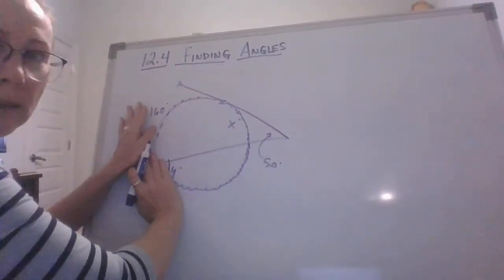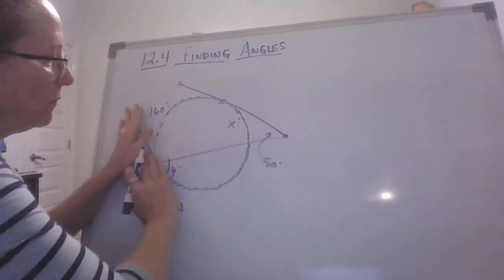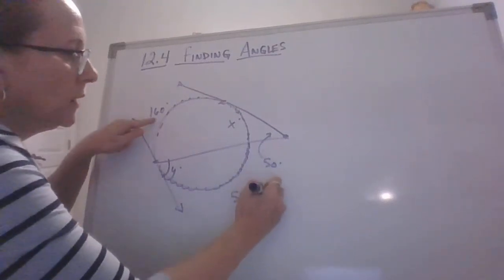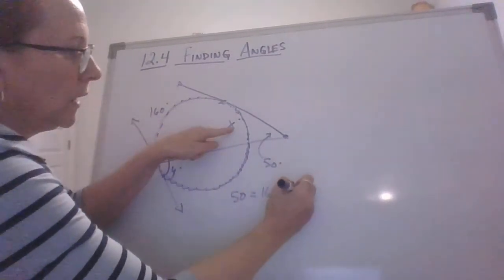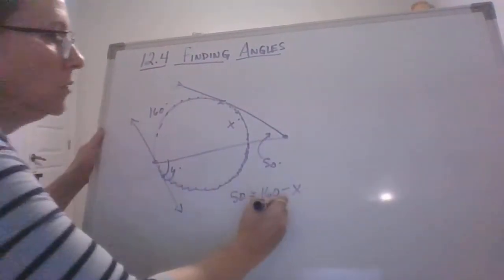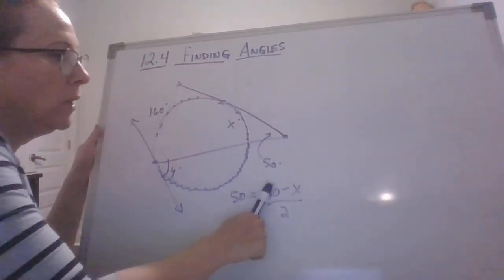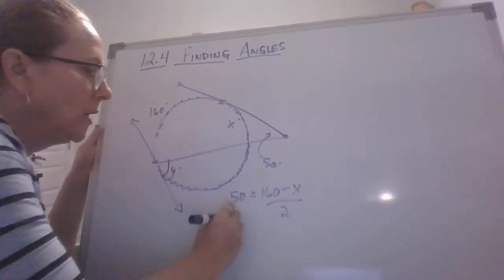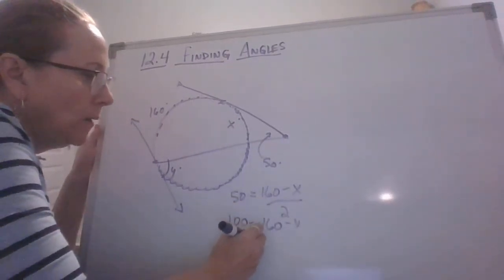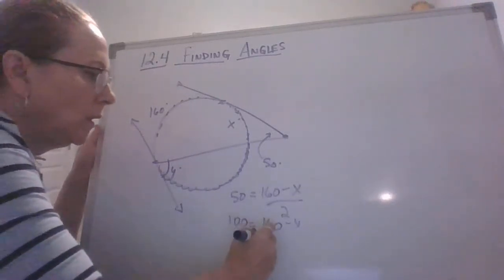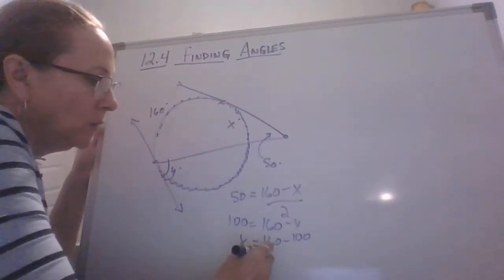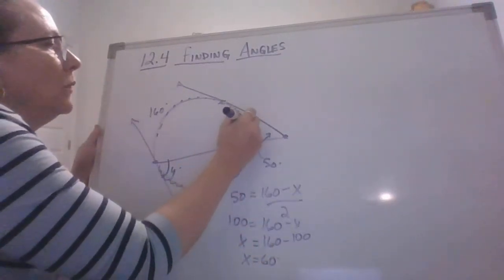If you ignore that, that's the exterior angle that we've been working with. And the angle, 50 degrees, is equal to the big arc, 160, minus that small arc x. Notice they're both in the mouth of that angle, going to 50, divided by 2. Big arc minus small arc divided by 2 is the angle. So 100 is equal to 160 minus x. Swapping that x over here makes it positive. And 160 minus 100, x is equal to 60. So now we have 60 degrees.